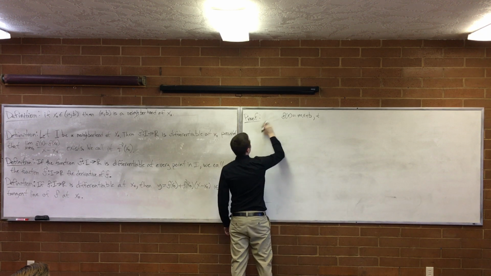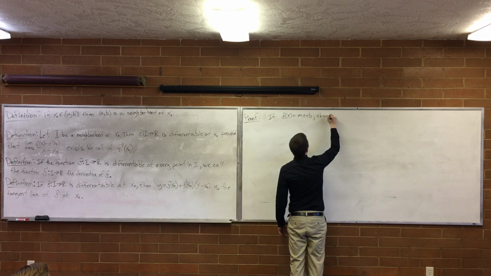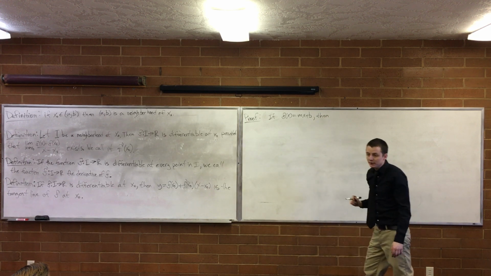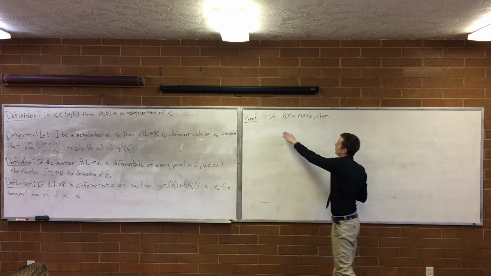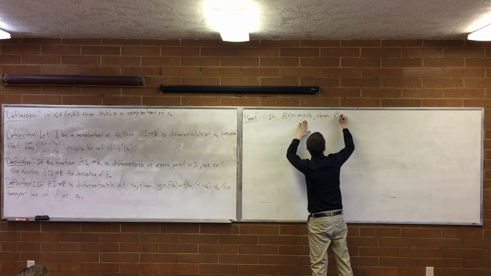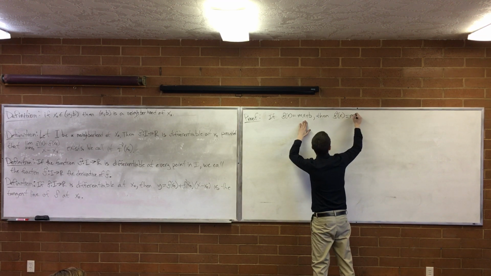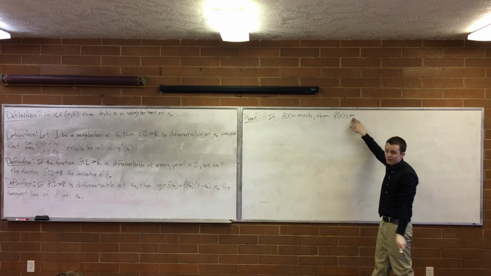Then what's our slope going to be anywhere on that? A derivative function. What is the slope of this thing? m. So I want to prove that our slope anywhere is m. Our derivative anywhere is m. The derivative function is just m. That's all it is.